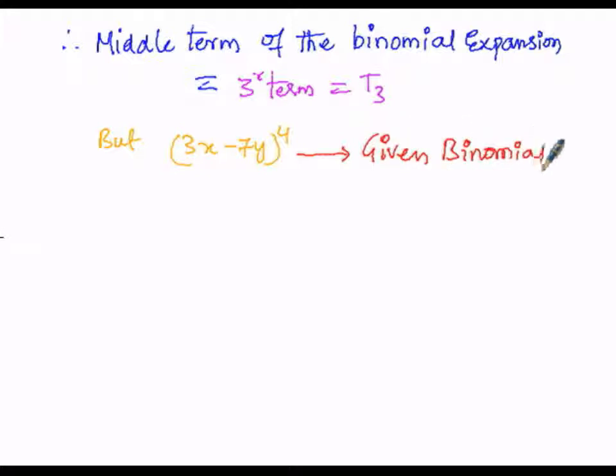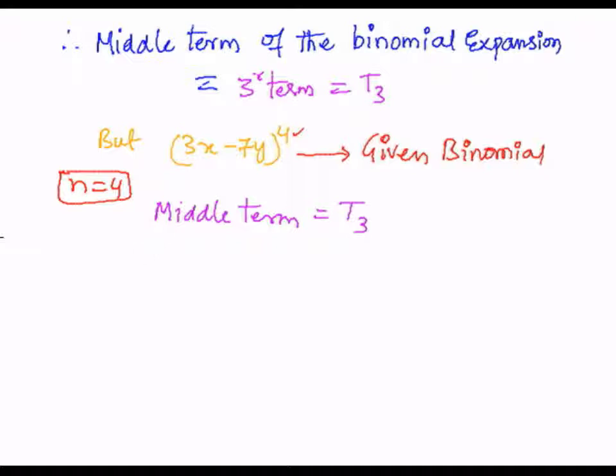So here we know small n is equal to 4, and we have to find out T3, that is the middle term. So the middle term is equal to T3.